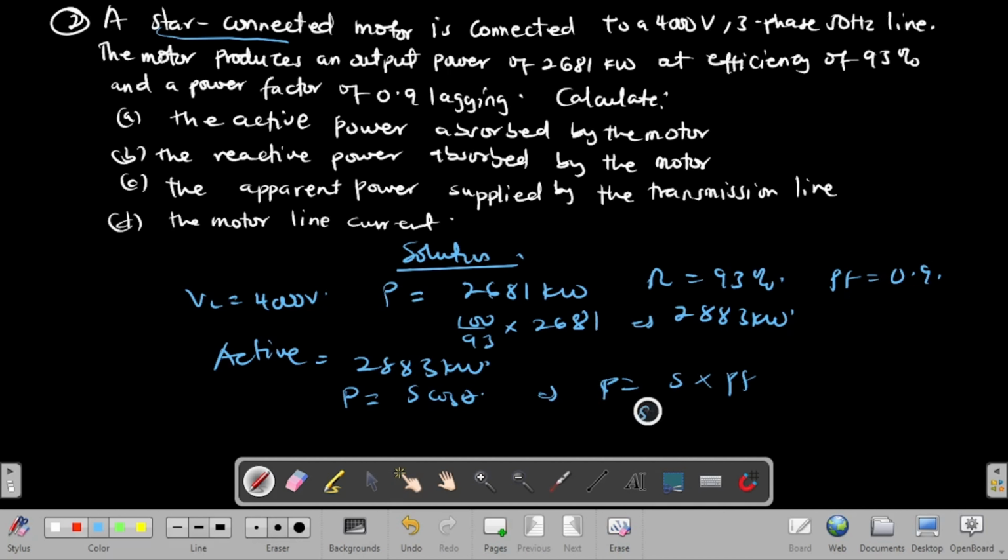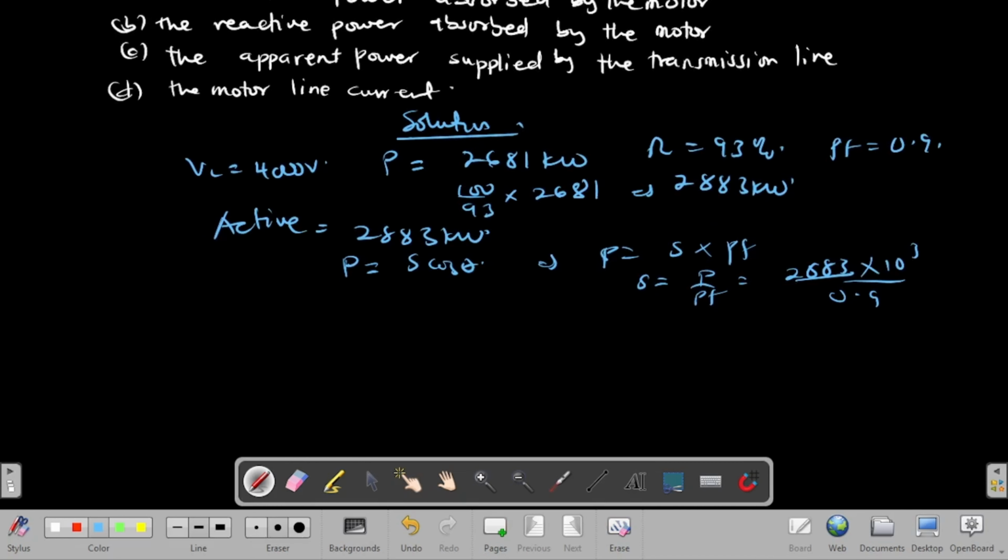So S is equal to P over power factor, and that is 2883 kW over my power factor, which is 0.9. So that gives me 3203 kilovolt amperes.